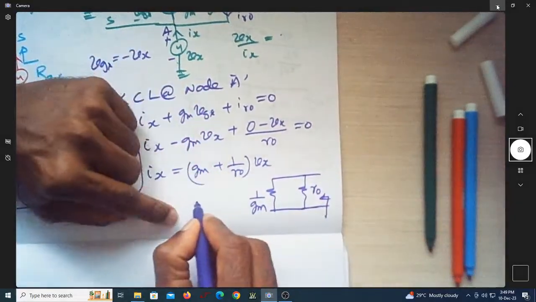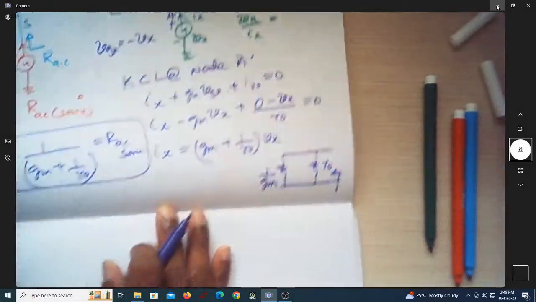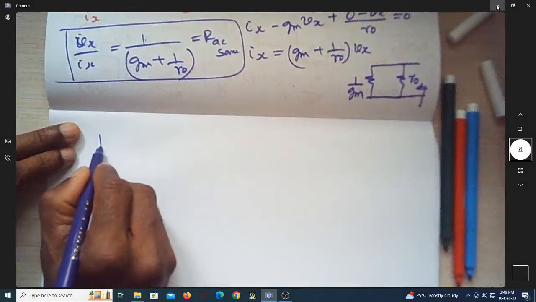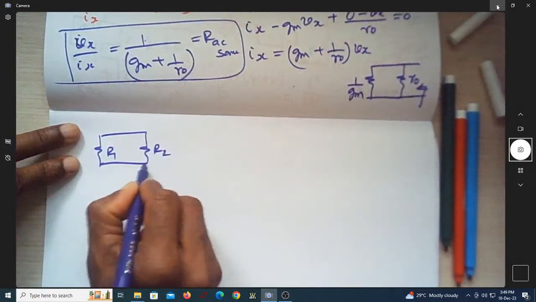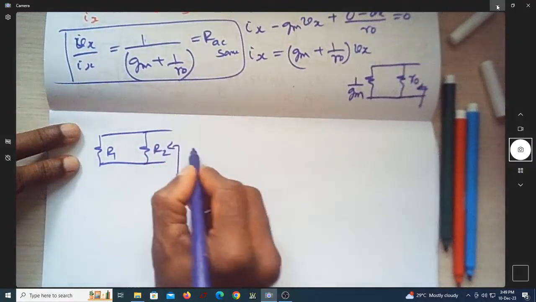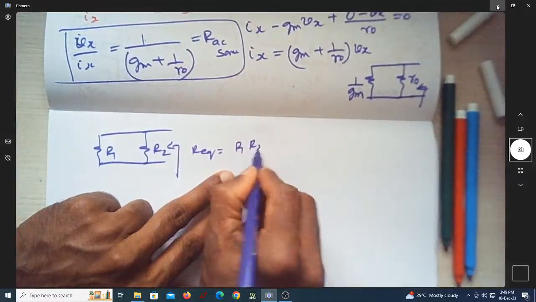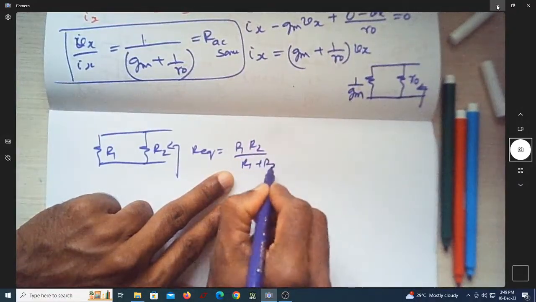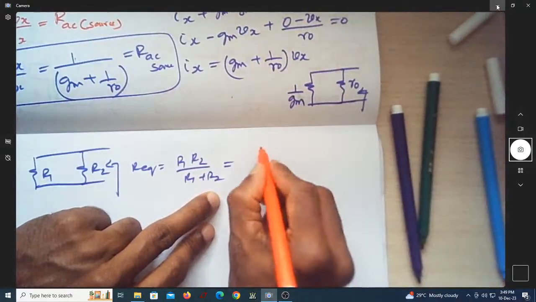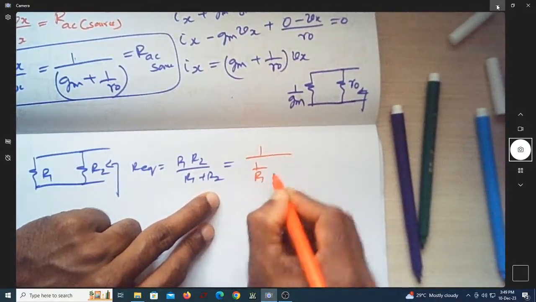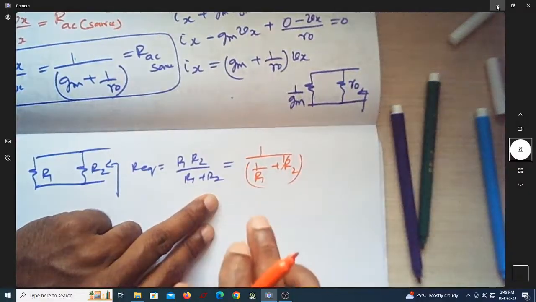Let us take a general case where you have this as R1, this as R2. So what is R equivalent here? Is it not R1 R2 by R1 plus R2? Can we also write this in another form as 1 over R1 plus 1 over R2? I can write it this way also.